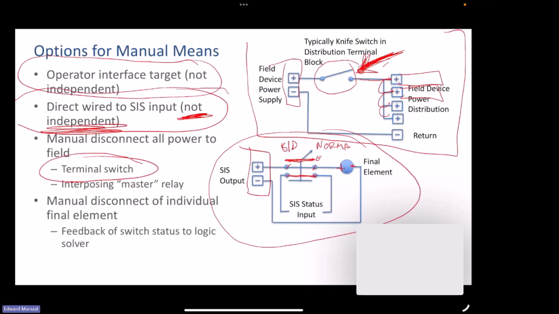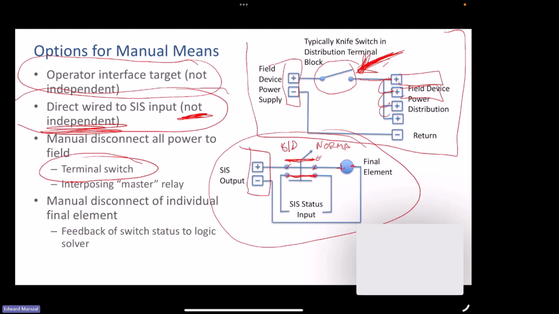you close those contacts. The reason for the dual set of contacts is that if you put the shutdown switch into the shutdown position, you're going to wire another set of contacts to an input card. So the input card knows that you disconnected power out to the field. And then that's an input to the PLC.